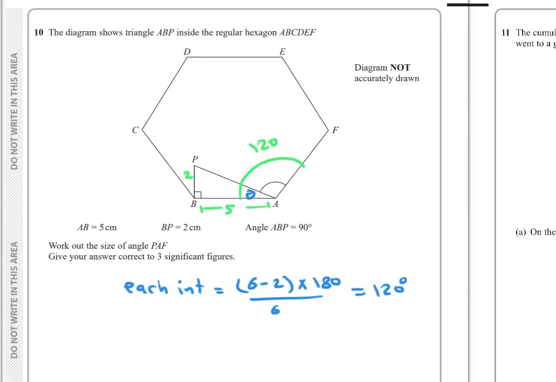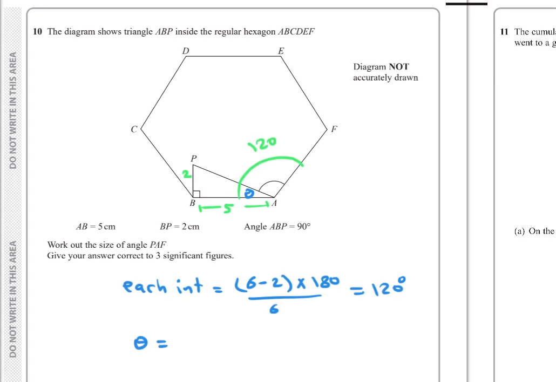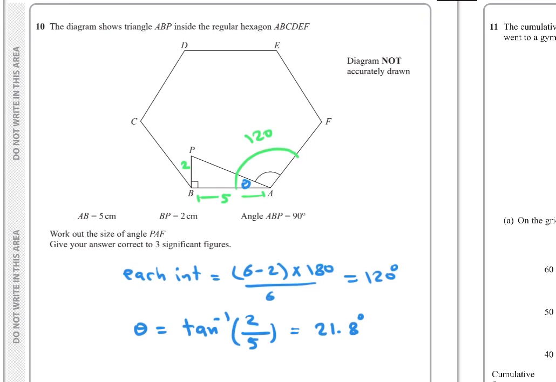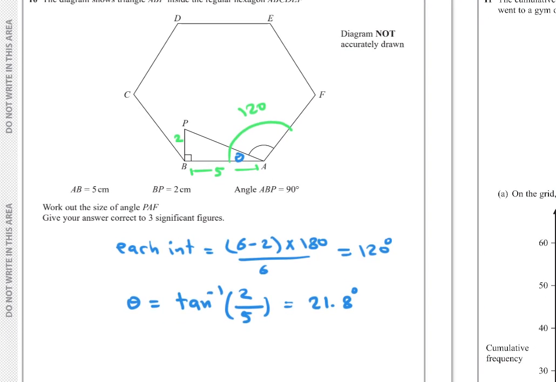Angle theta equals tan inverse of 2 over 5, which equals 21.8 to 1 decimal place. So angle BAF equals 120 minus 21.8 equals 98.2.